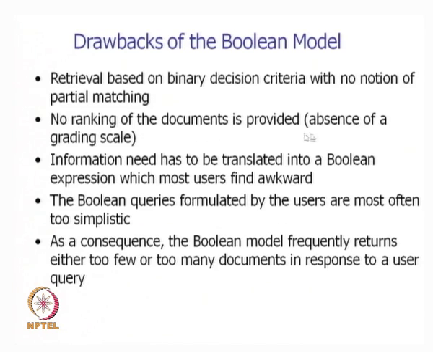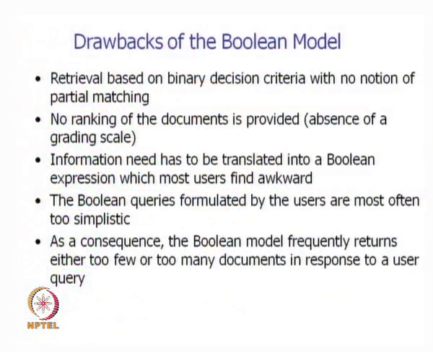No ranking of the documents is provided because the score is simply a similarity value, which is either 0 or 1. All documents which match the query term presence or absence have value either 1 or 0. There is no relative ranking between the documents. This is also not a realistic situation because we know documents supply the information need of the user in different degrees.